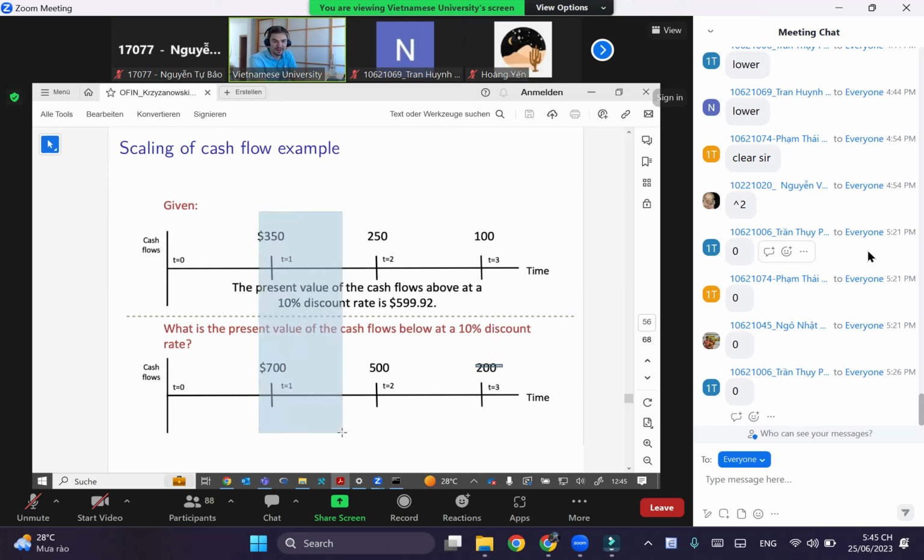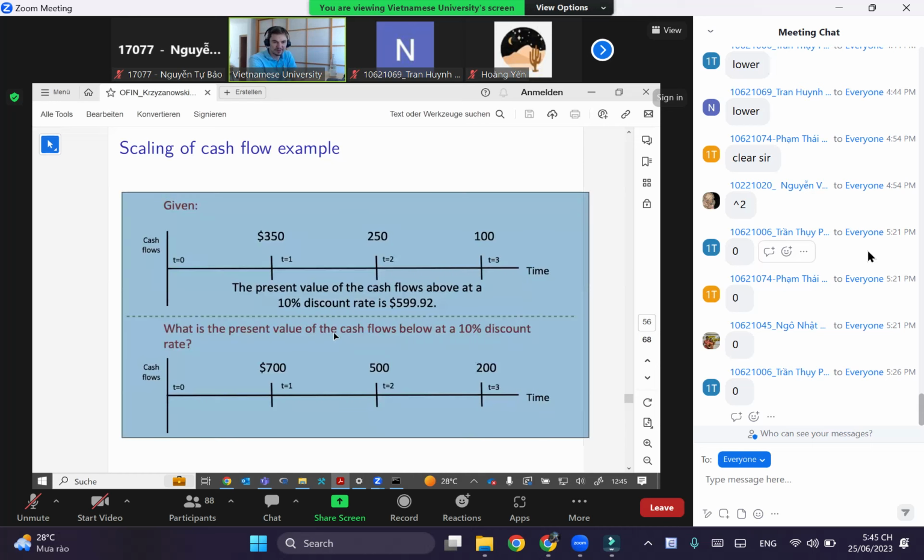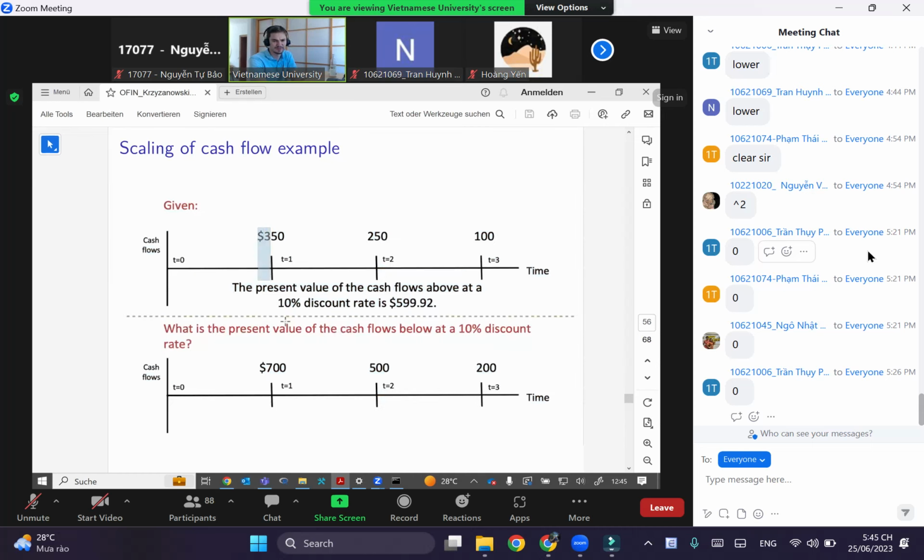When you compare these cash flows with each other, what can you see? That's purely descriptive. 350 versus 700. The second is double the first one, right?